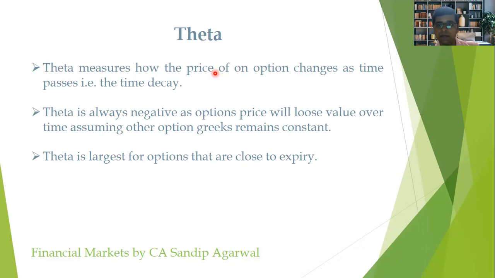And whenever the time to the expiry of the contract starts reducing, the theta also shows its impact on the option price and the option price starts moving in the downward direction.